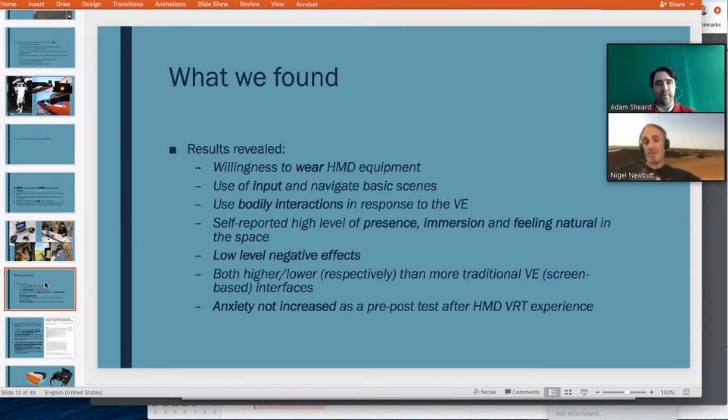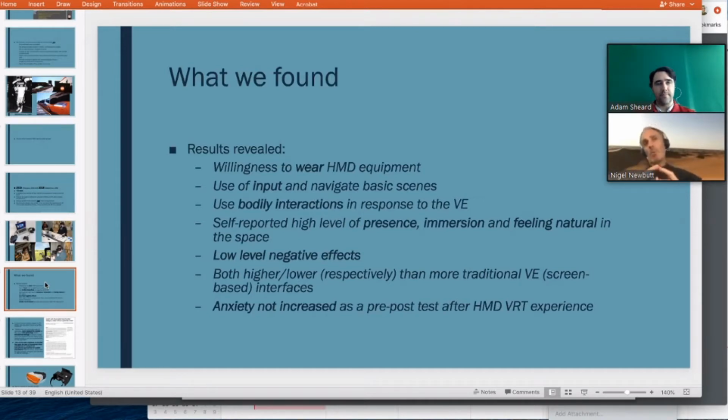There were some interesting bodily interactions and responses to the virtual environment, so things like standing up to get a different perspective of something. And most importantly, we found that there were high levels of presence and immersion reported from these individuals. And even more importantly, that there were low negative effects. So we didn't find any cyber sickness concerns with the groups that we worked with. We also found that anxiety wasn't increased as a response to using this particular interface.